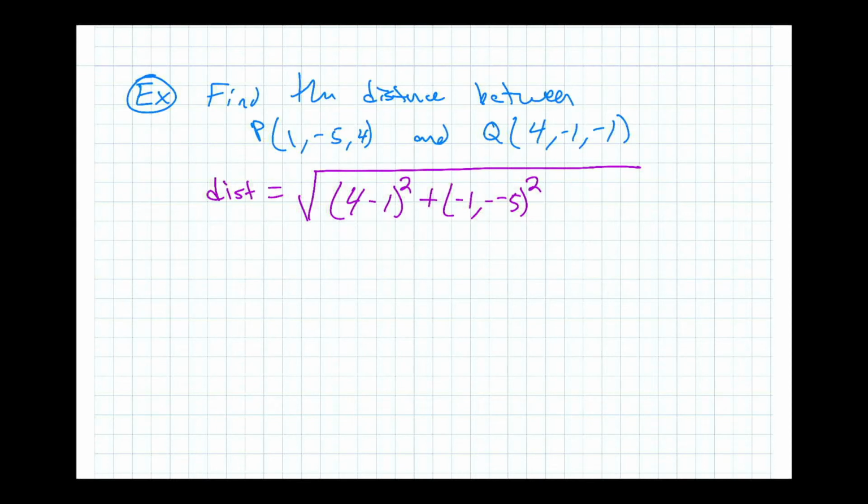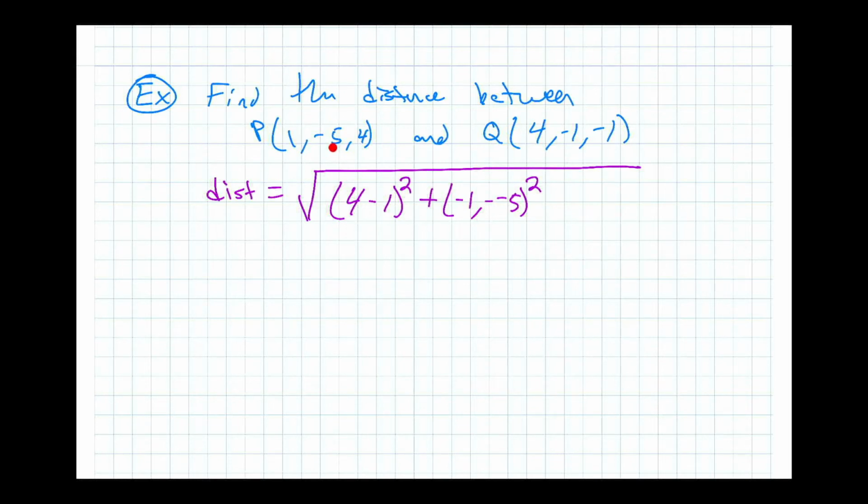Now, a couple things to be aware of, right? You have to be very careful to do this in the same order. I started with the 4 minus 1 for this one, so I'm starting with the Q. So that's my x2, and this is my x1. So when I do this one, this has to be my y2. You can't start over on this side, right?